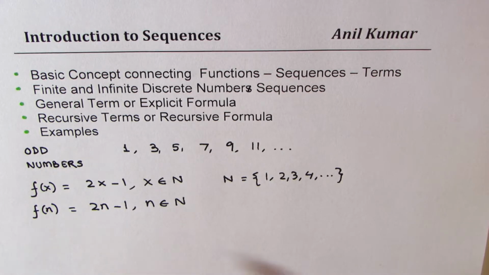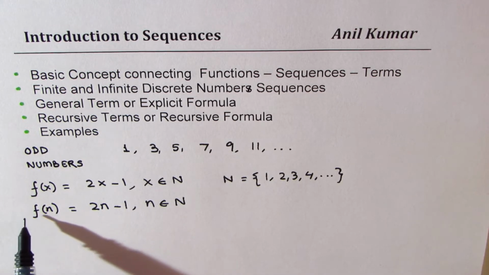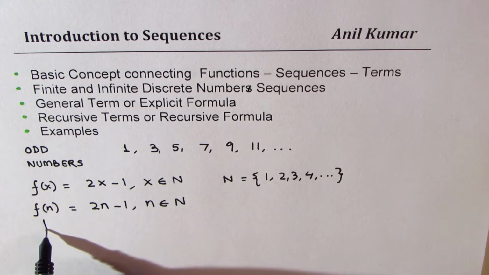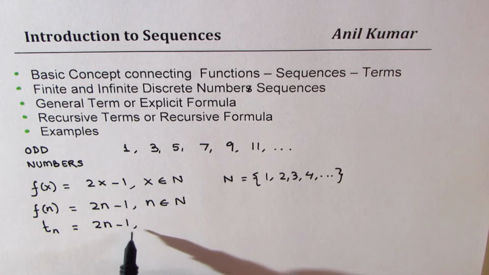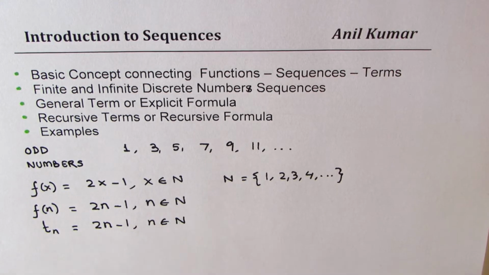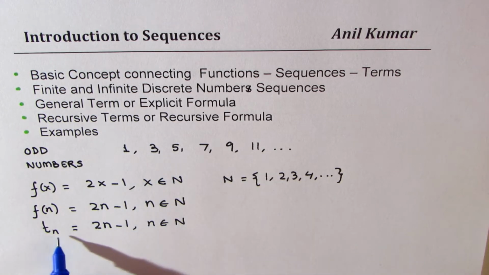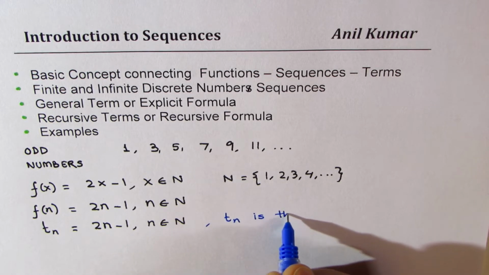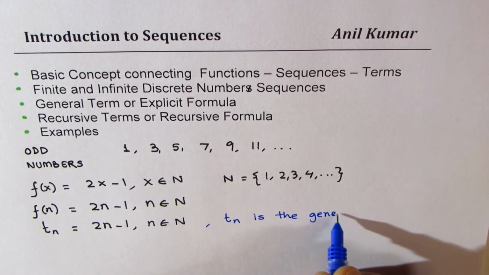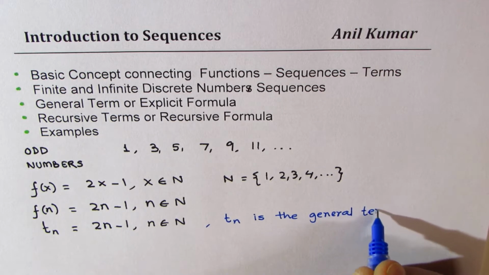So that is a minor change in our function notation. We also prefer to write this sequence as Tn equals 2n minus 1, where n belongs to natural numbers. Now when I write Tn, then I'm actually describing my sequence in terms of term numbers, right? So Tn is the general term number.